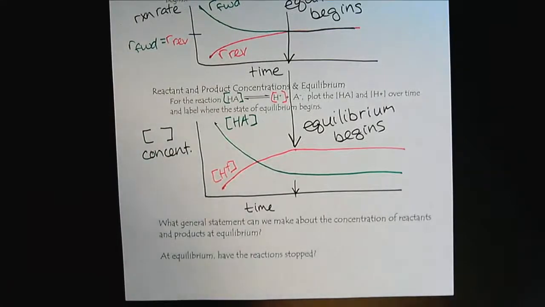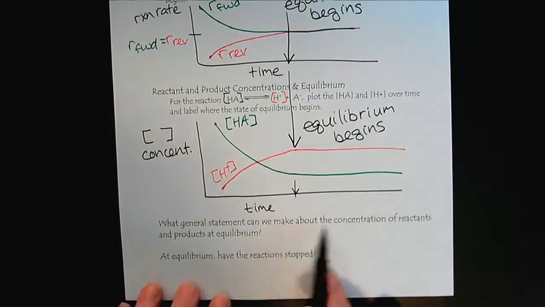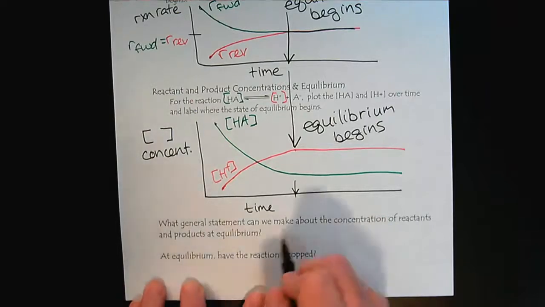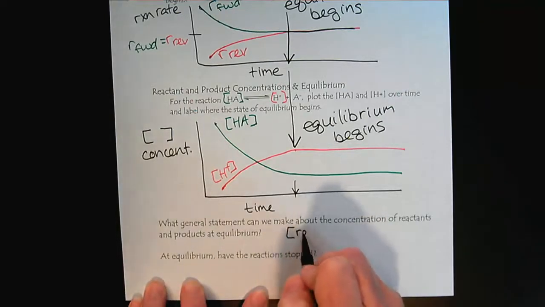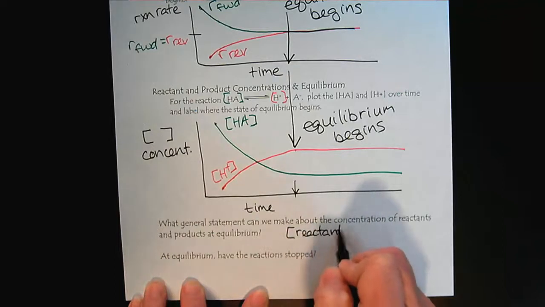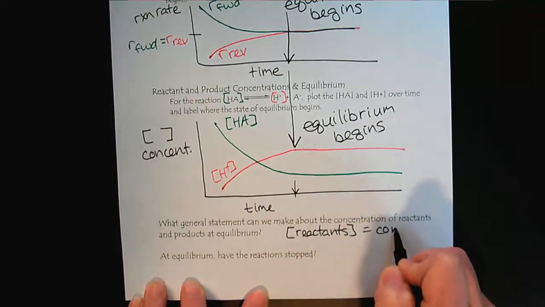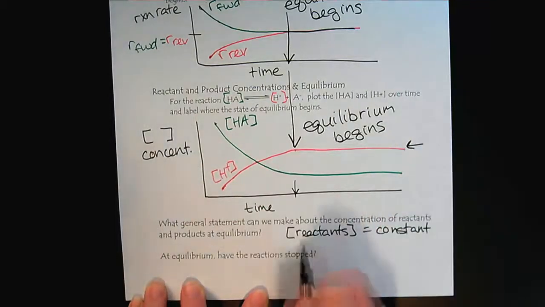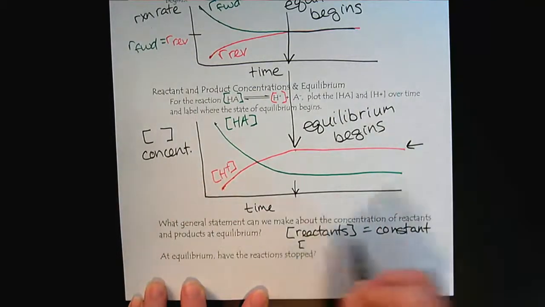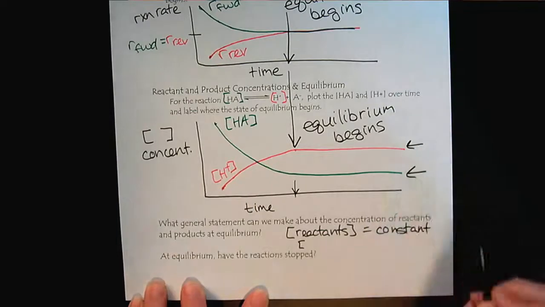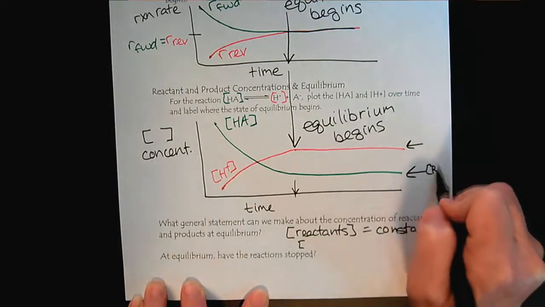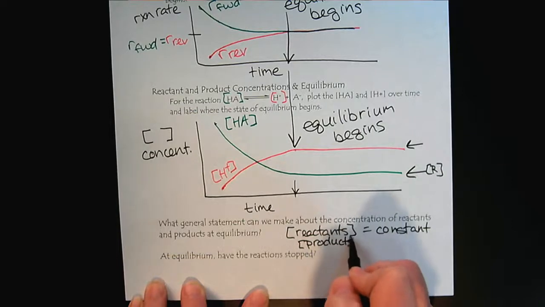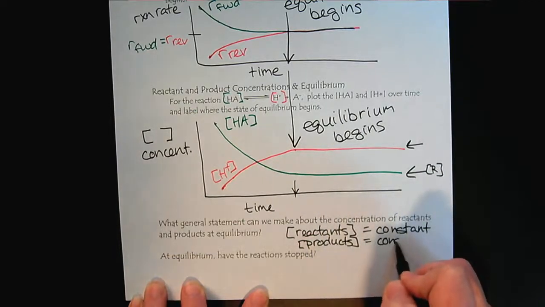Okay, so what general statement can we make about the concentration of reactants and products at equilibrium? Well, the concentration of reactants equals a constant, this value right here, and that would be the reactants there, and then the concentration of the products is also a constant.